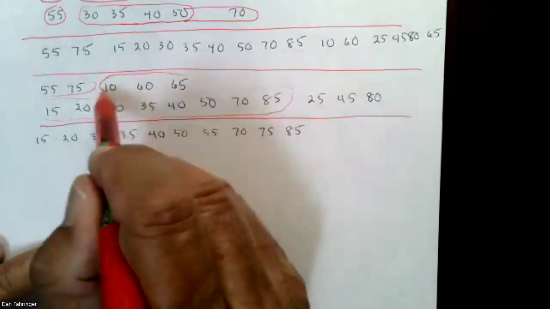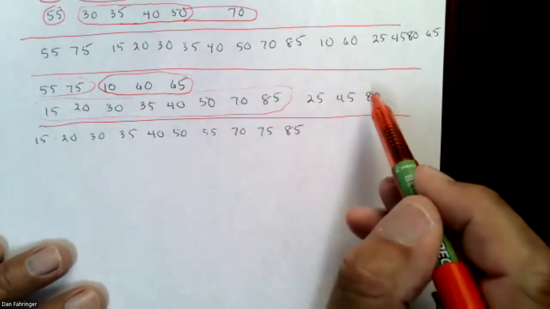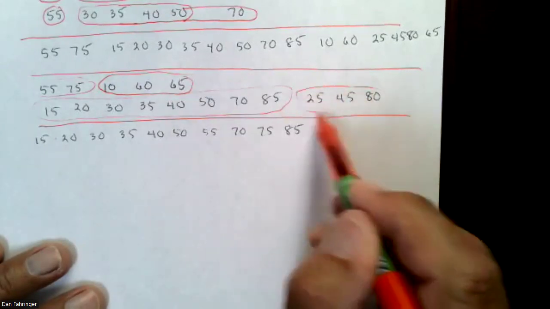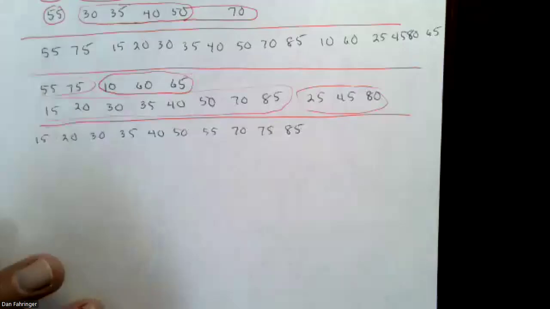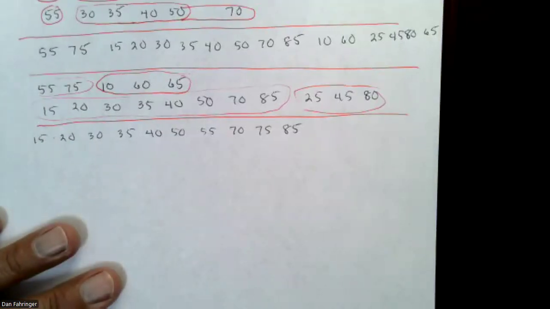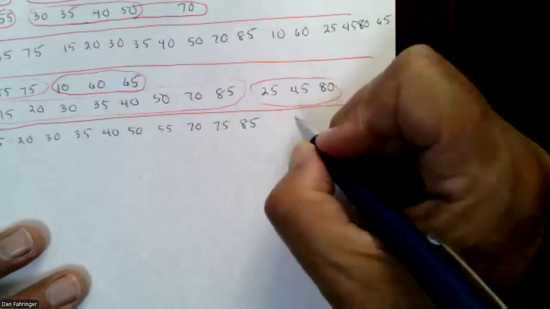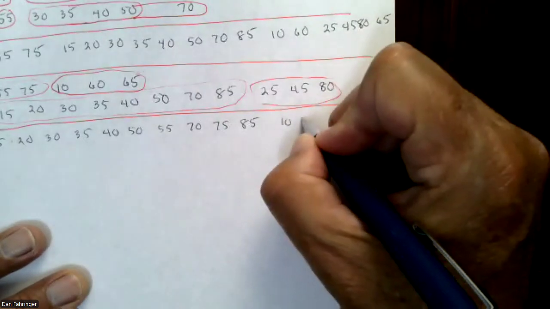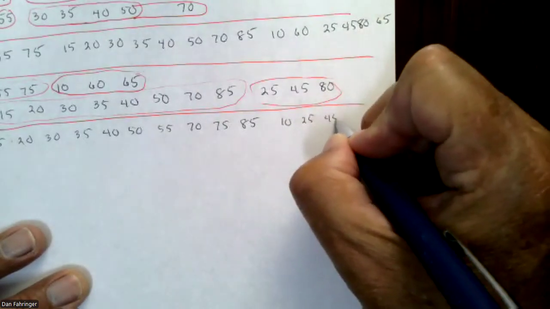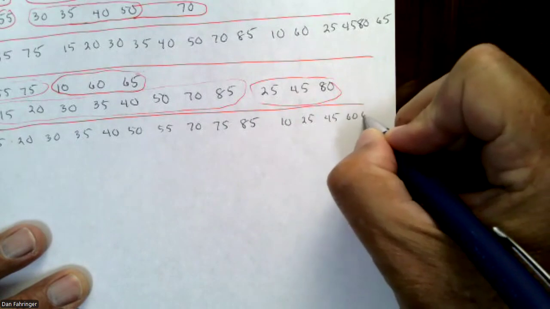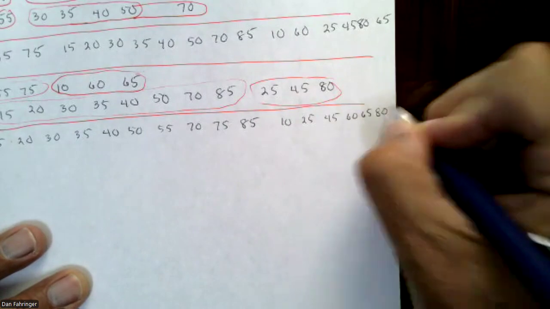I'm going to be making runs here and here. Oh, nice. Nice. 10, 25, 45, 60, 65, and 80.